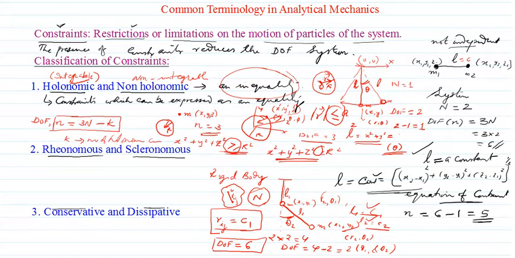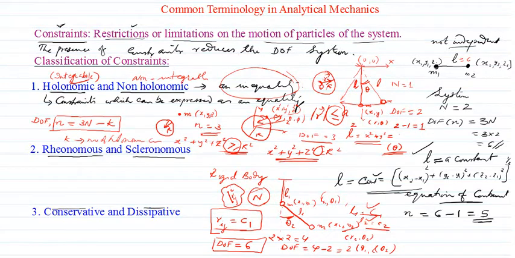Now the second classification is into rheonomous and scleronomous constraints. So what is the meaning of rheonomous and scleronomous constraints? It is based on the time dependence of the constraint. If the constraints involve time explicitly, then they are known as rheonomous constraints.